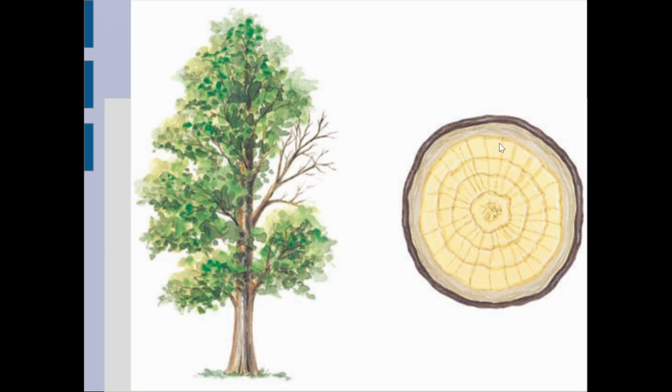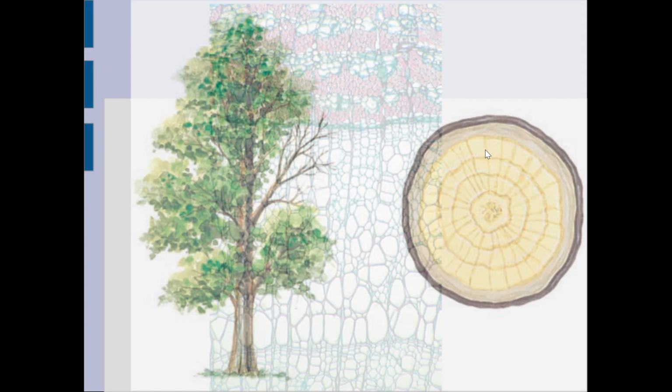More water, that is spring wood, and then this is the summer wood again. Less water in summer, and then this is the vascular cambium and secondary phloem here. So this is a 3-year-old tree with 3 rings.